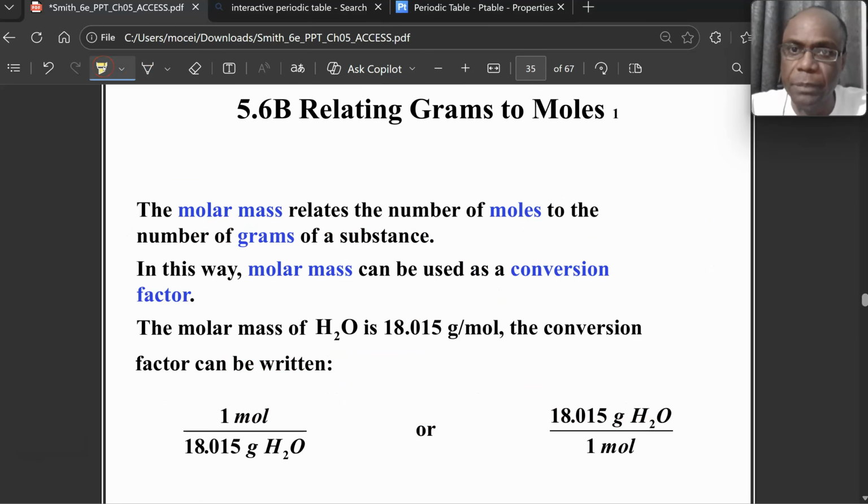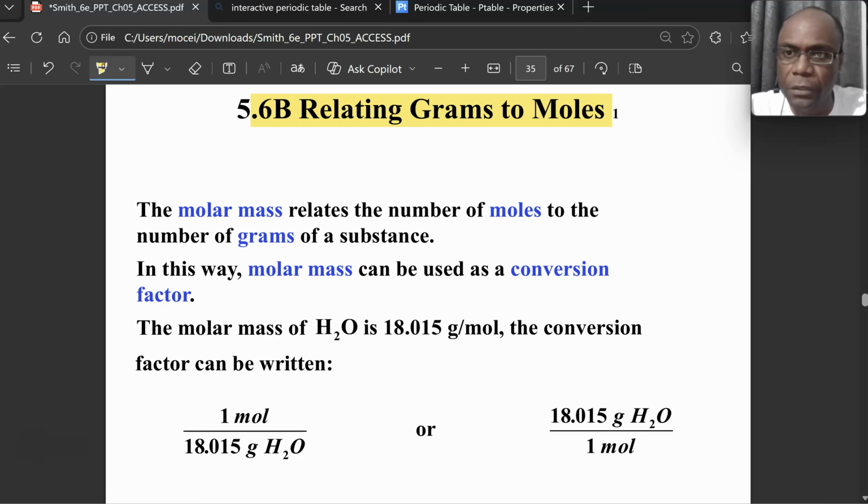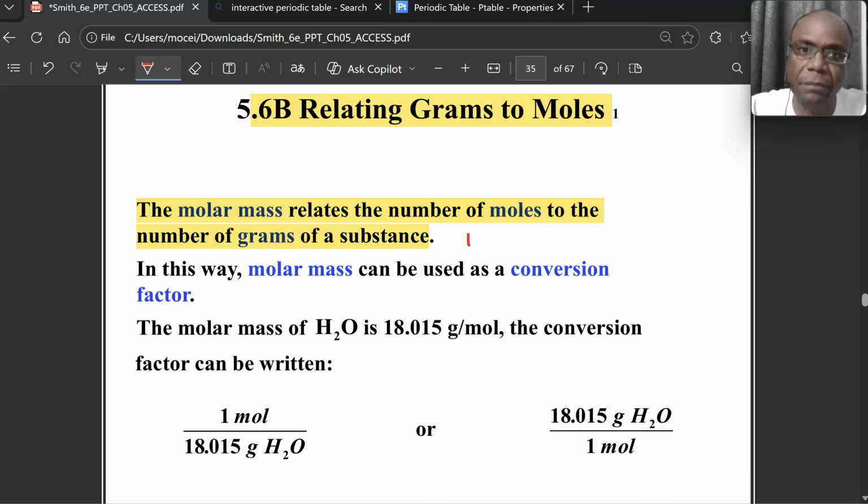Let us continue with part 5.6b, talking about the relationship of grams and moles, relating grams to moles. So we can now infer that the molar mass of a compound or a molecule relates the number of moles to the number of grams of a substance. Again, I'll repeat myself.